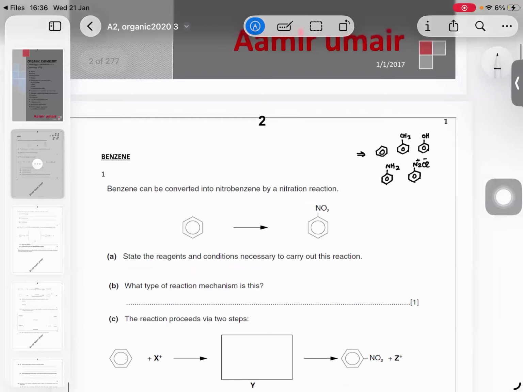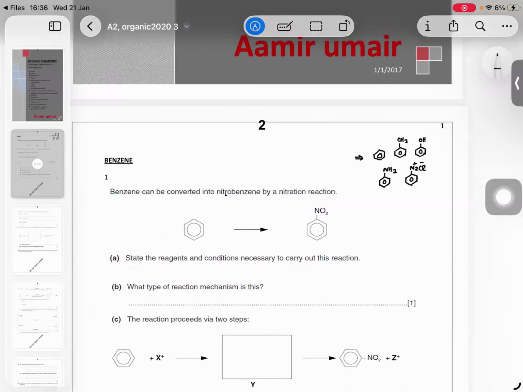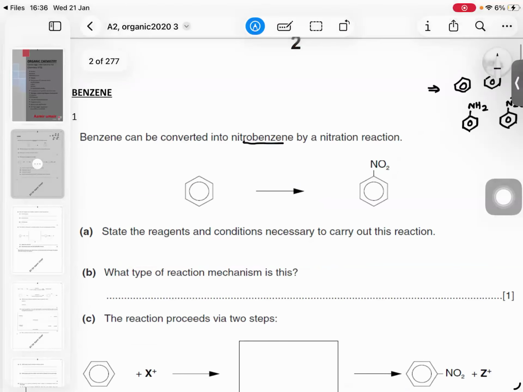Okay, let's start. Benzene can be converted into nitrobenzene by a nitration reaction. State the reagent and conditions necessary to carry out this reaction. If you remember, for benzene, concentrated nitric acid was the reagent, concentrated sulfuric acid was the catalyst, and 50 to 60 degrees Celsius was the temperature.